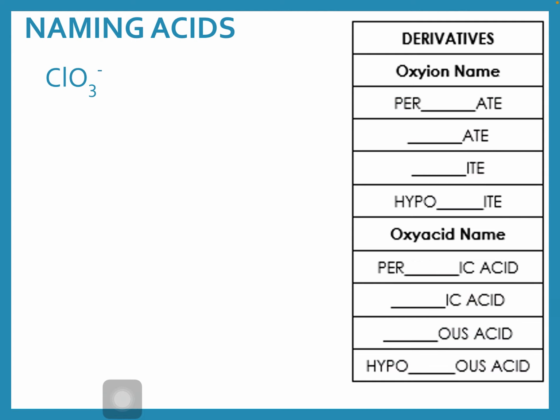So a perchlorate is just a chlorate that has one oxygen added to it. So instead of ClO3 minus, it's ClO4 minus. And the important thing is that the valence doesn't change for any of those ions. So once again, starting point, what we're given in the table is the -ate. When I have one oxygen added to it, it becomes a per-ate.